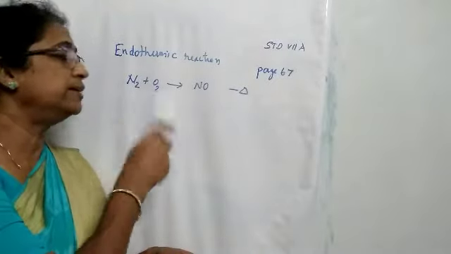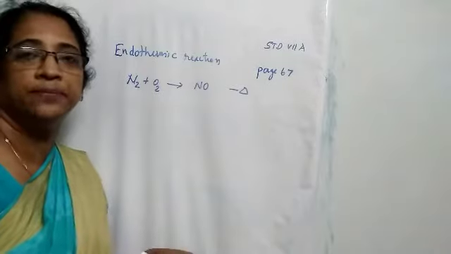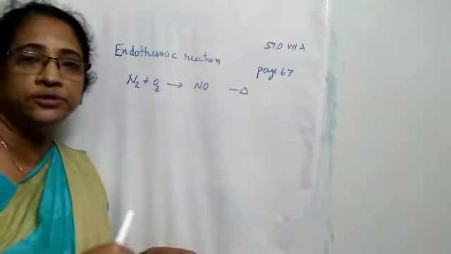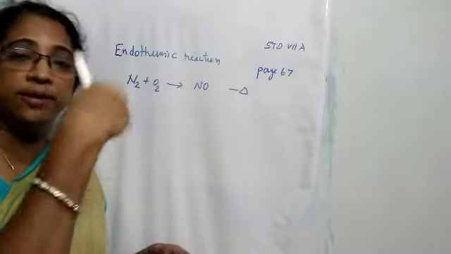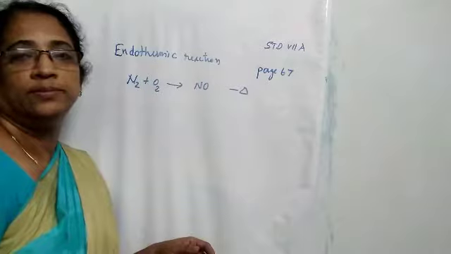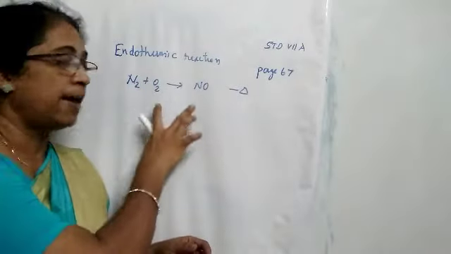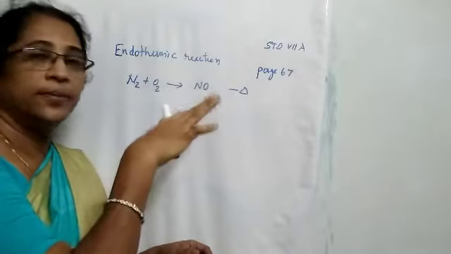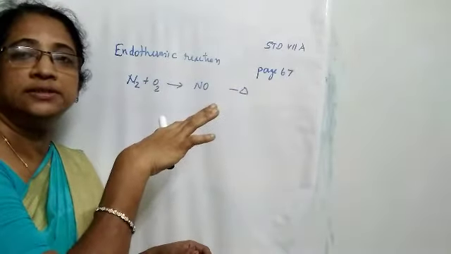Can you say when nitrogen reacts with oxygen? During lightning, nitrogen in the atmosphere reacts with atmospheric oxygen to form NO. The reaction takes place only in the presence of a high temperature.